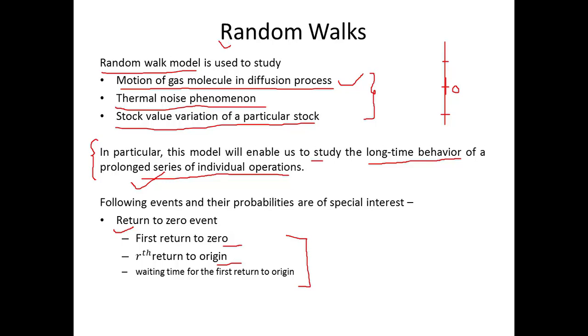So where the particle is located after the nth trial is decided by the failure or success of the trials. In the first return to zero, we are going to calculate, given that the initial position of the particle is at zero, after how many trials it will again reach the zero location. Similarly, we are also going to calculate the rth return to zero and the waiting time for the first return to zero.